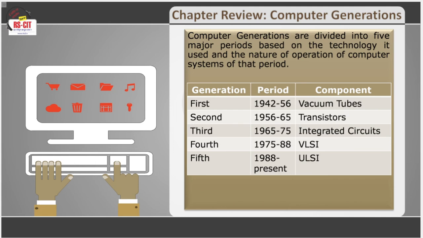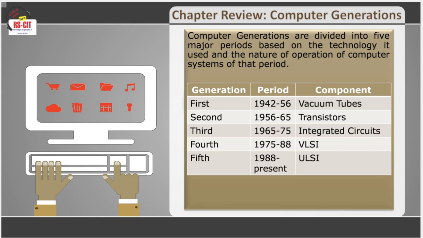Third generation: period 1965 to 75, component integrated circuits. Fourth generation: period 1975 to 88, component VLSI. Fifth generation: period 1988 to present, component ULSI.